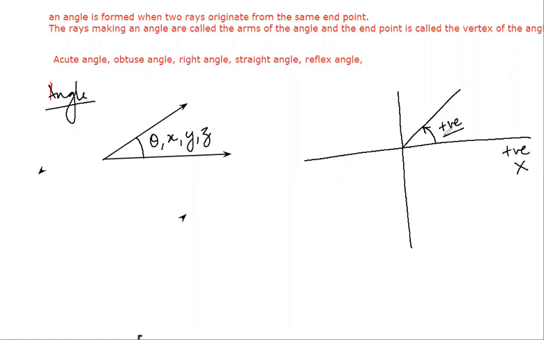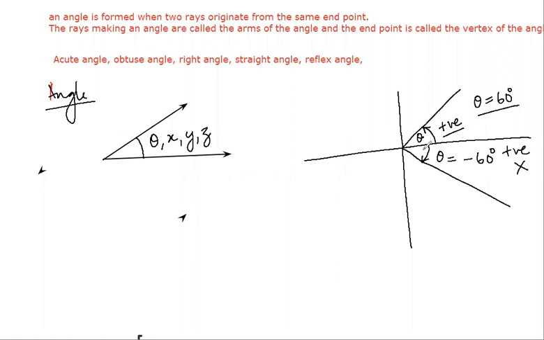Let's say if I represent the angle by theta, and it's 60 degrees, I will say theta is equal to 60 degrees. Remember students, if you by chance take the angle in the clockwise direction from the positive x-axis, it will be a negative angle. Let's say the magnitude is 60. You will say theta is equal to minus 60 degrees.